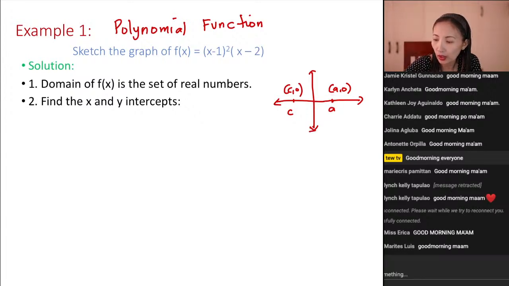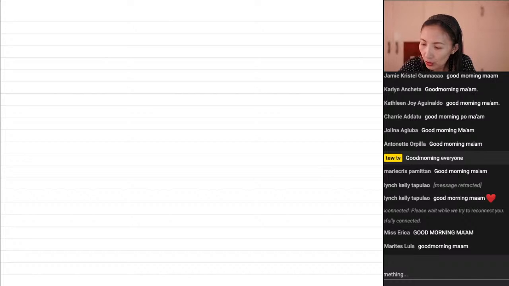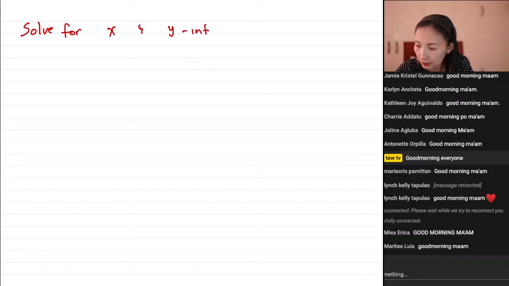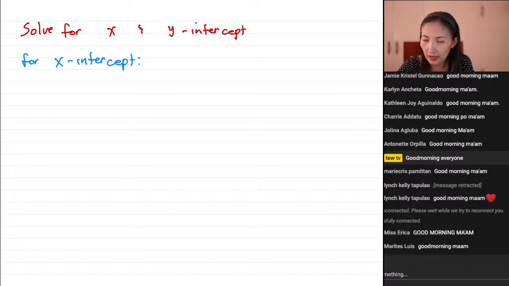So, solve for x and y intercepts. For the x-intercept, let y be 0.